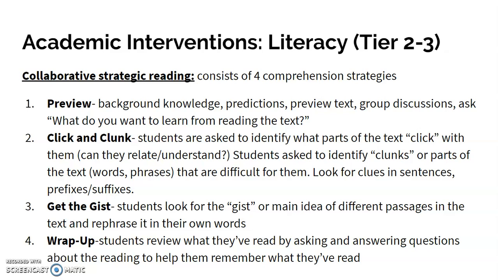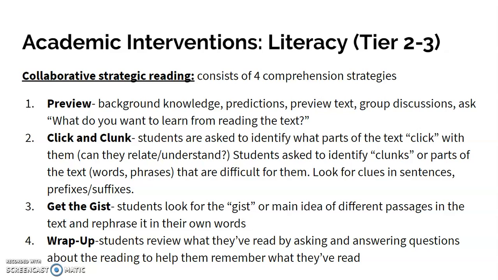You can often remind them of background knowledge or prior knowledge that they might have. They can make predictions here about the text. You should give students several minutes here to preview text and search for information to help them make predictions. As they do, hopefully students will become familiar with the vocab in the text. And then you can even have a discussion about what different students saw during this preview time and what they might want to learn after previewing the text.